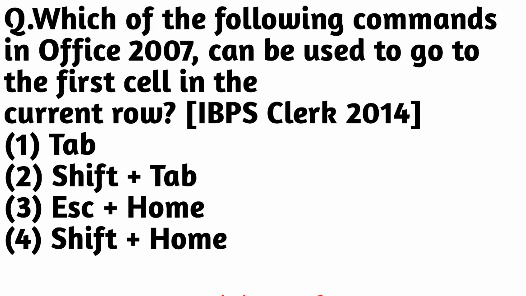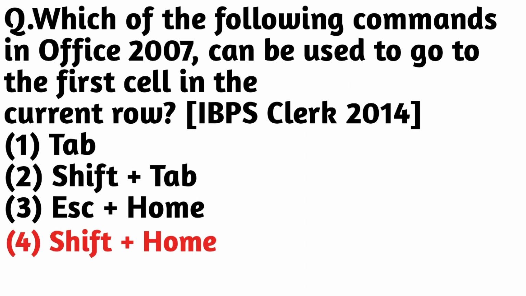Which of the following commands in Office 2007 can be used to go to the first cell in the current row? Option 1 tab, option 2 shift plus tab, option 3 escape plus home, and option 4 shift plus home. The correct answer is option 4 shift plus home.